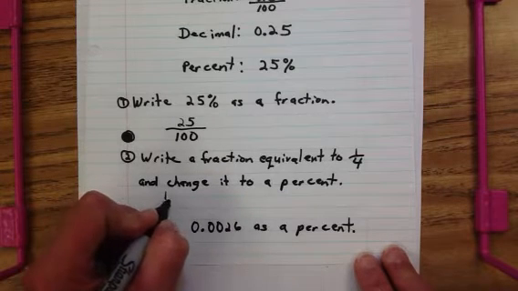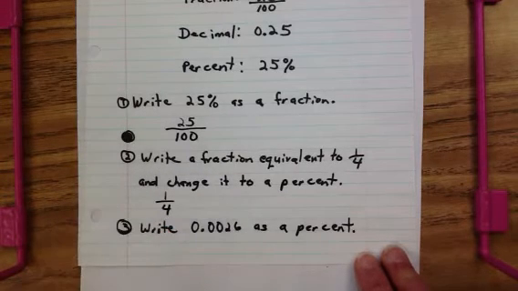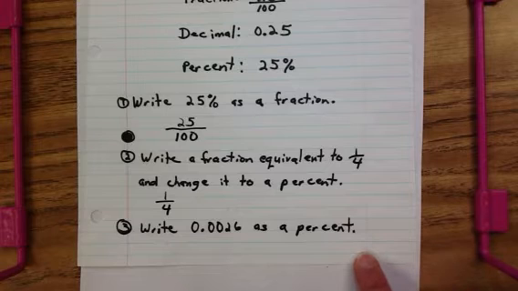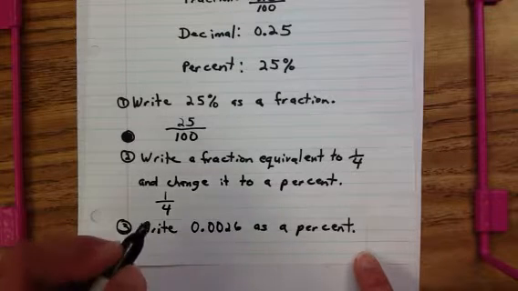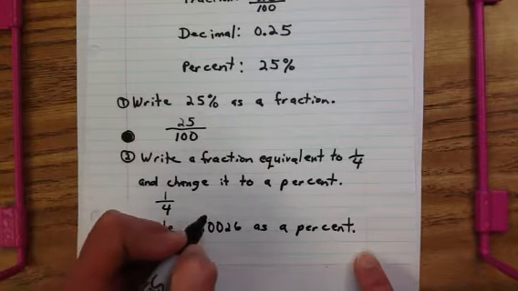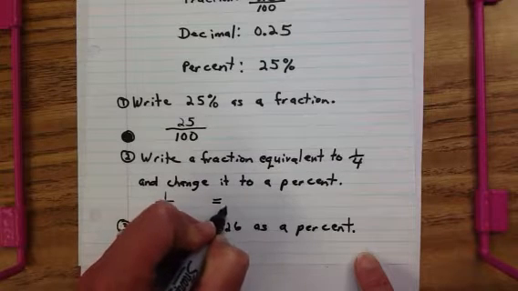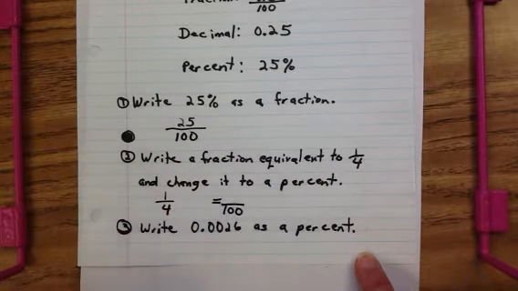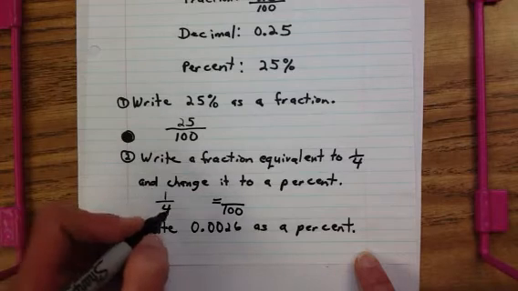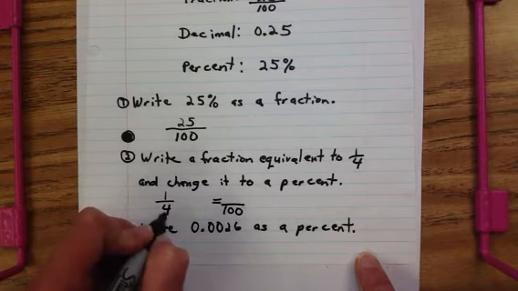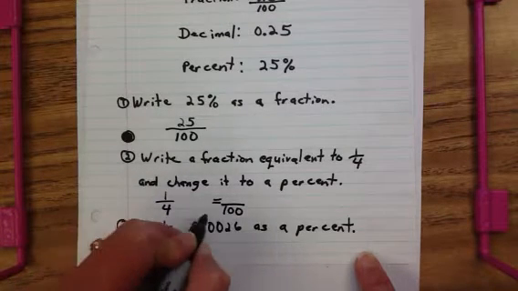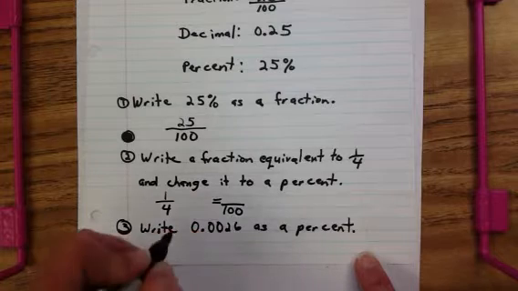So I would take my 1/4 and I would first find my equivalent fraction. So I know that it needs to equal 100 as the denominator. So I would figure out what I would multiply my 4 by to become 100.